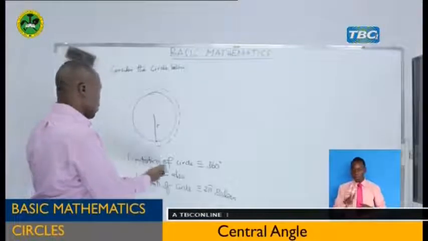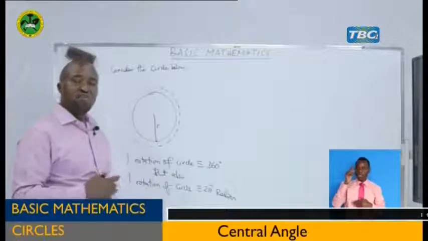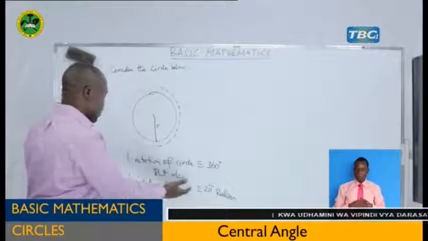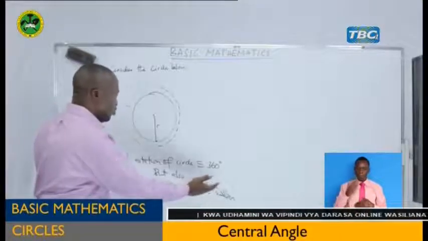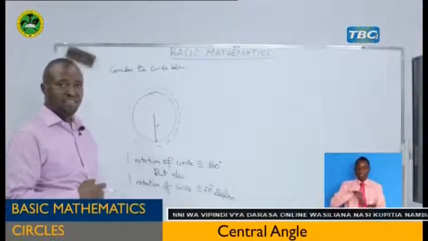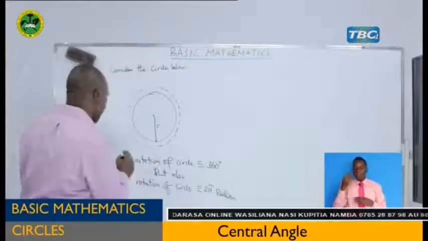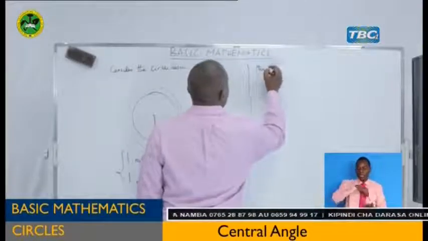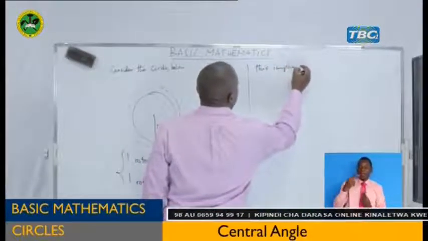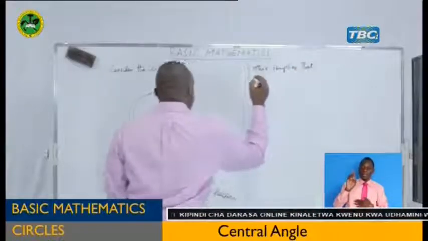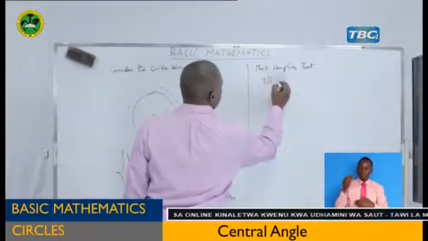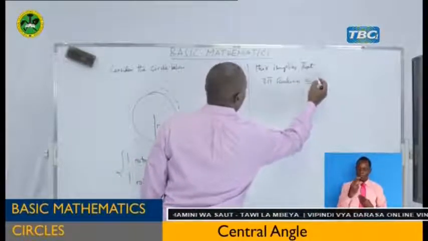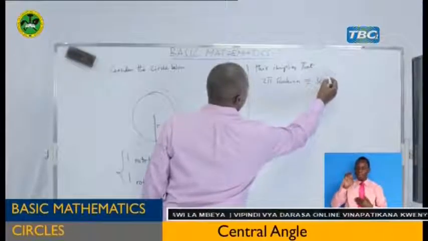One rotation of a circle is equivalent to 360 degrees, but also one rotation of a circle is equivalent to 2 pi radians. This implies that 2 pi radians is equivalent to 360 degrees.